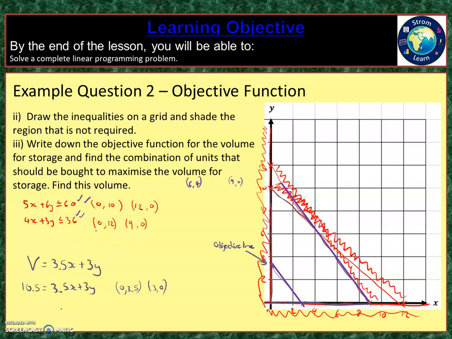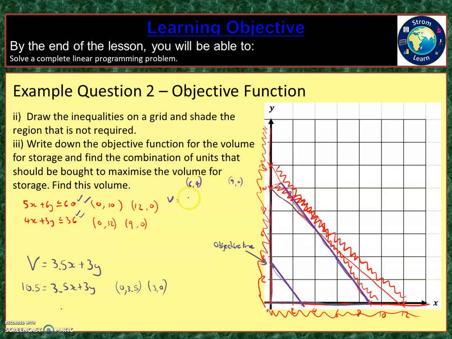Now let's actually look at the volumes we got. The volume is using our objective function 3.5x plus 3y. So for this, I'm going to do 6 multiplied by 3.5 added to 4 multiplied by 3.